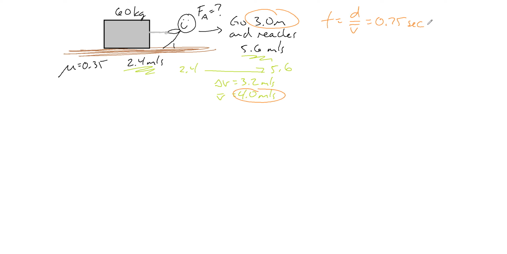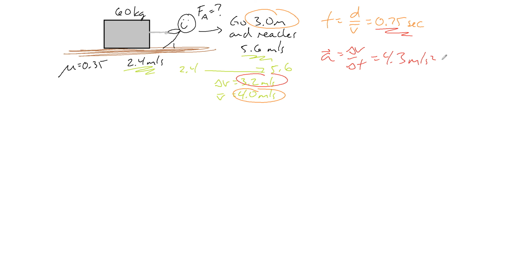Oh well. All right, now that I have time, I've got time and I've got my change in V. And of course, with change in V and time, I can find acceleration. So my change in V was 3.2. My change in time was 0.75. I'll divide the two out and I get an acceleration of about 4.3 meters per second squared.